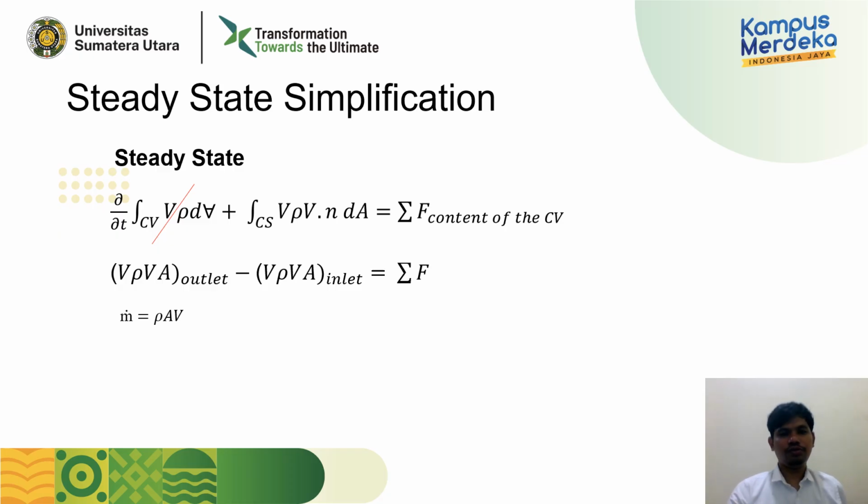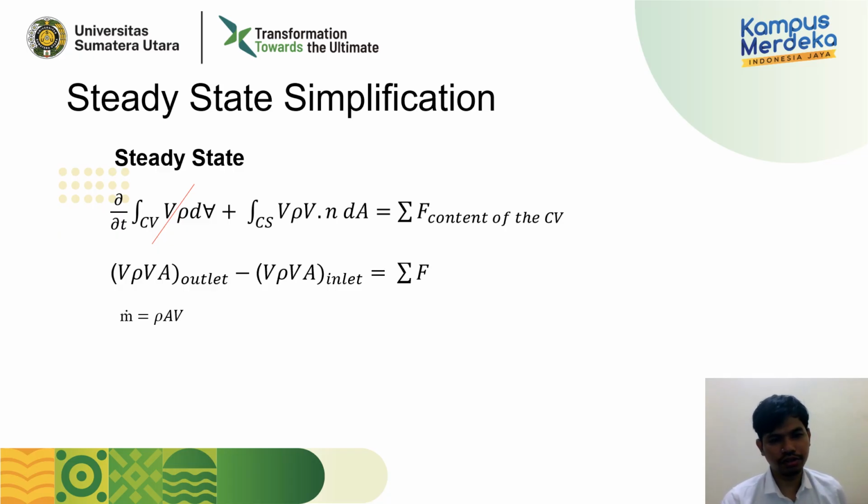And I think you already know that when we talk about mass flow, the equation of the mass flow is equal to rho, density, times the area, times the velocity.